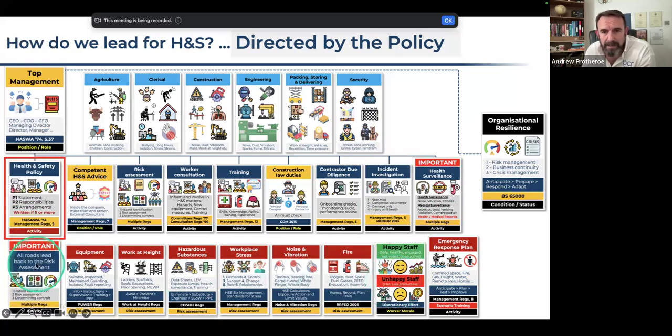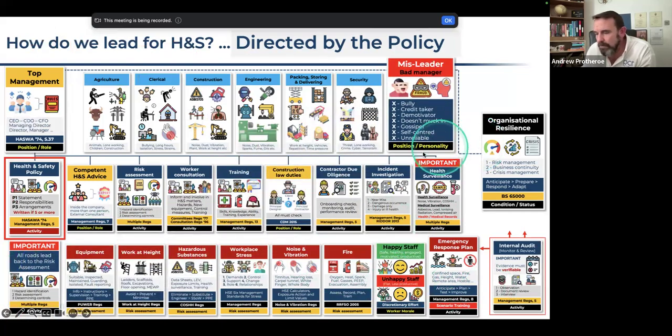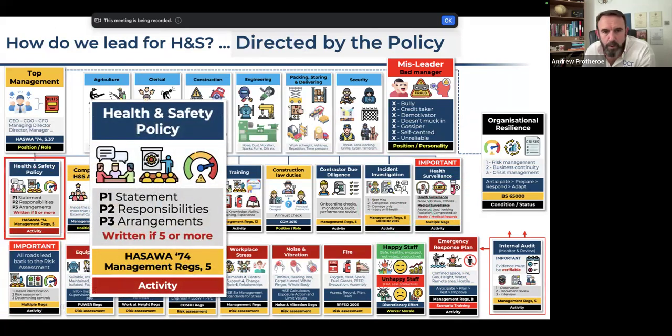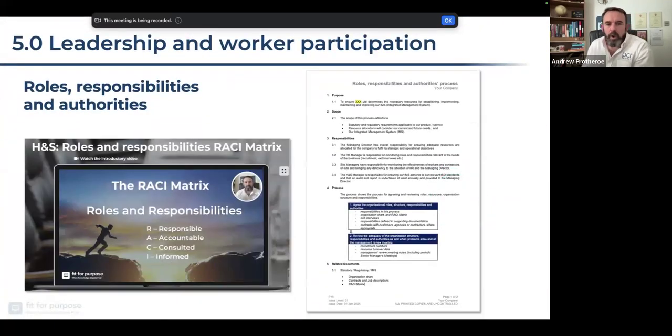All roads are going to go back to that risk assessment, and we need to audit all of this and make sure we keep our eyes out for those misleaders, those bad leaders. Directed by the policy, roles and responsibilities covers the majority of this. Really important that we focus on that health and safety policy. Really important. So that leadership, within that clause still, roles, responsibilities and authorities.